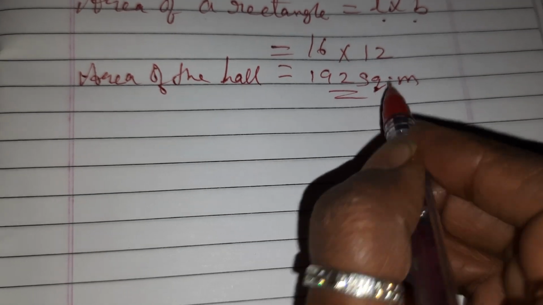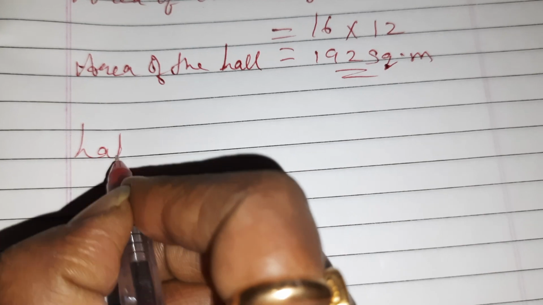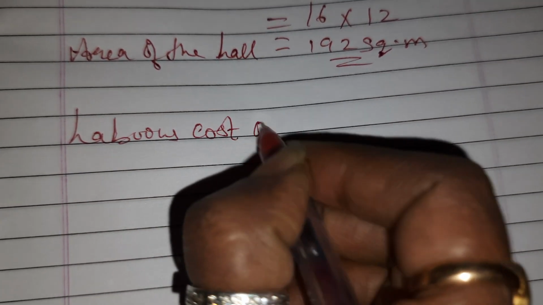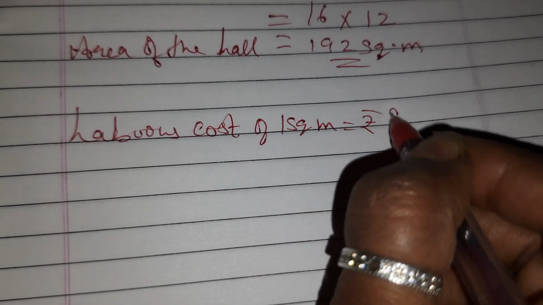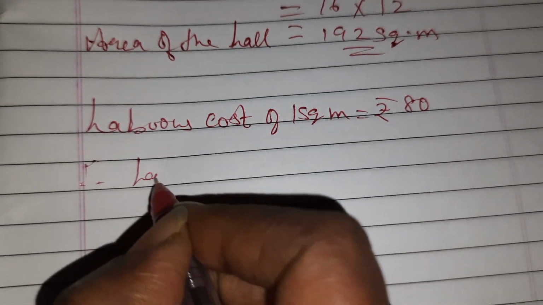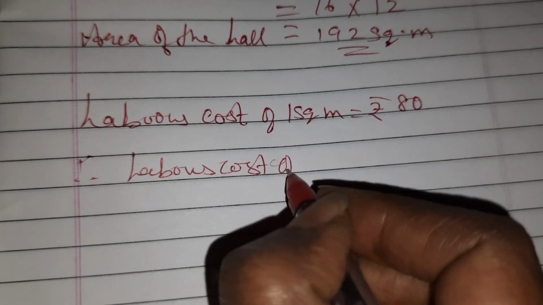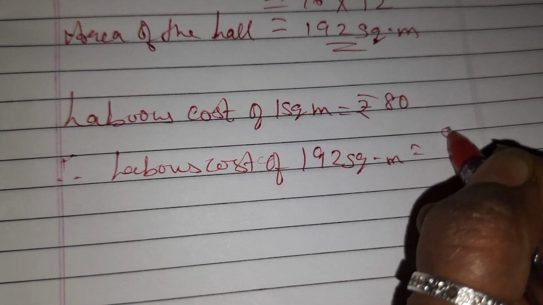Okay, now we will find out the total labor cost. So the labor cost of 1 square meter is equal to 80 rupees. Therefore the labor cost of 192 square meter is equal to question mark.